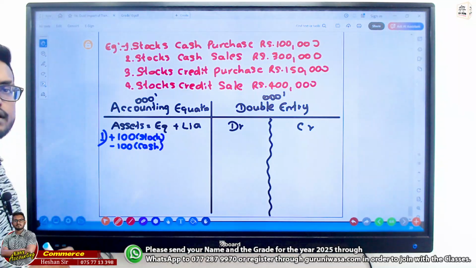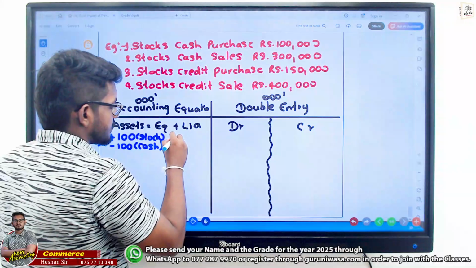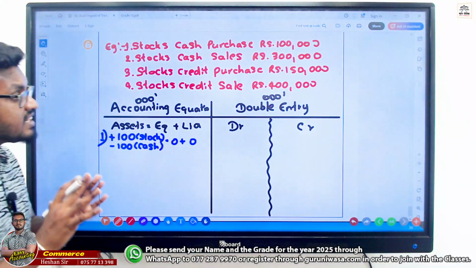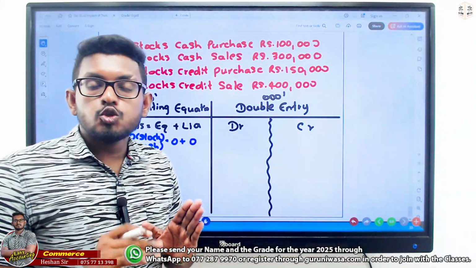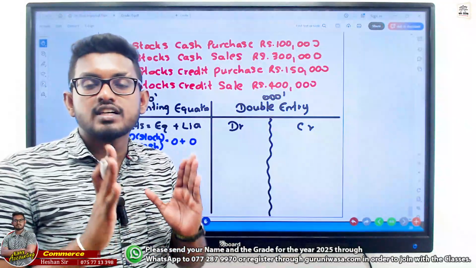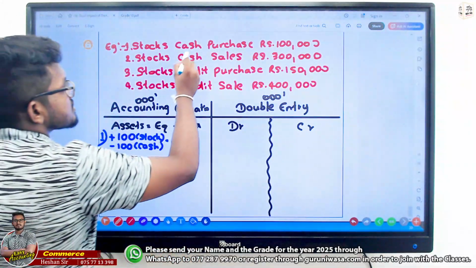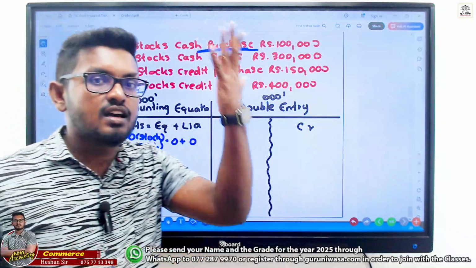All clear to you? So the equity and liability are both unaffected. But when it comes to the double entry, I told you to calculate the profit of the stocks, we need to concern stocks purchase as expense increase.